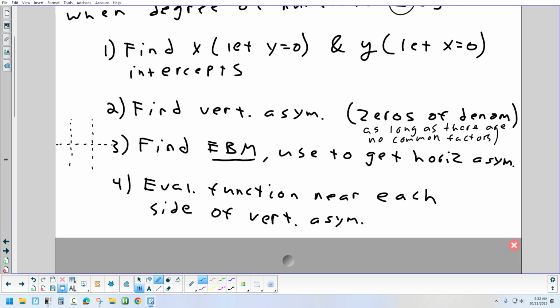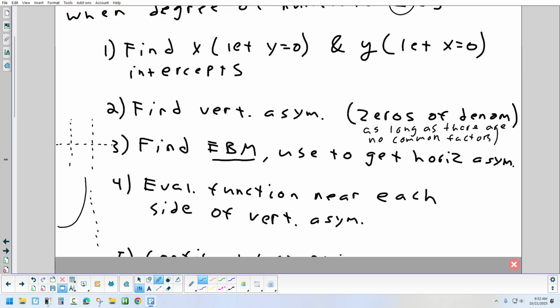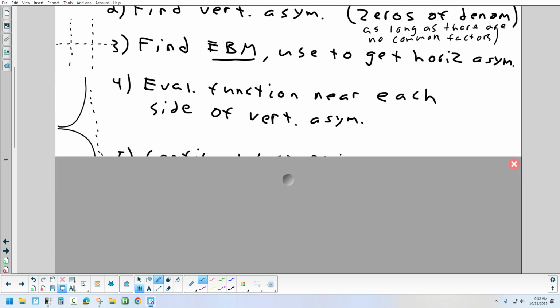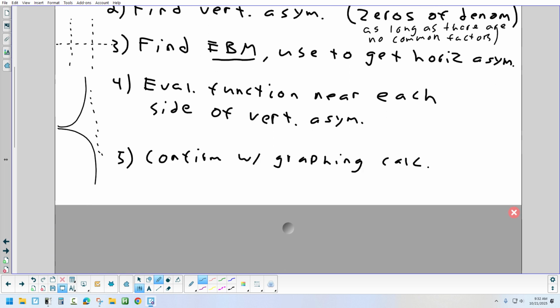And when we do that, it's going to do one of 2 things. It's either going to head up to infinity or down to negative infinity. You're just going to figure out which side is which. Is it doing this? Or is it doing something like that? Which way is it going? Okay, and then after we have all that information, that should be enough to get a pretty good sketch. We've got to confirm with the graphing calculator what's going on.